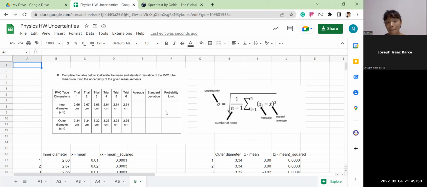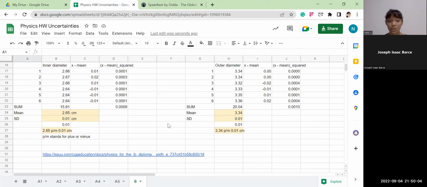Ano yung 2.65 plus 0.01? 2.66 and then 2.64 cm. Yes. Very good. Okay. So for the probability limit, you can express your answer as 2.65 plus minus 0.01 or 2.64 to 2.66 centimeters. Okay. Clear? Yes, clear. All right.